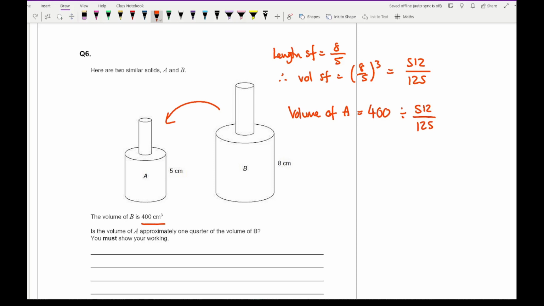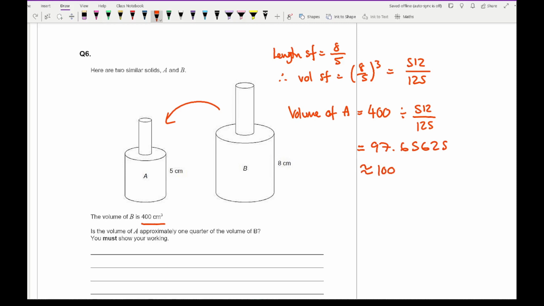512/125. Now if I work that out on my calculator, 400 divided by 512 over 125, it gives me an answer of roughly 97.65625. Now this is approximately 100.